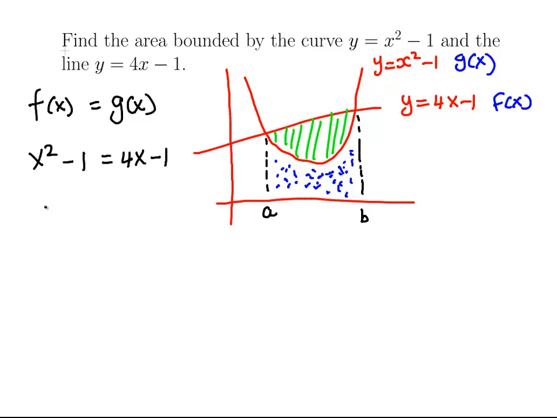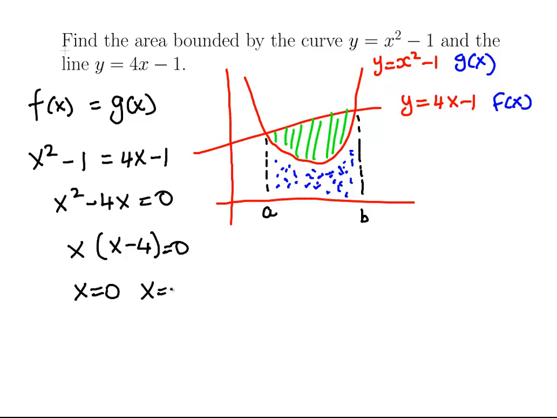So in that case we would have x squared minus 4x equals 0. We factorize that first off, a very simple factorization, x times x minus 4 equals 0. So x is either equal to 0 or x is equal to 4. So the lower bound here is 0, the upper bound here is 4.